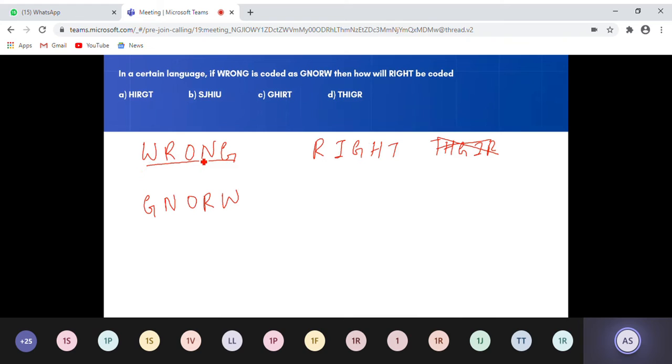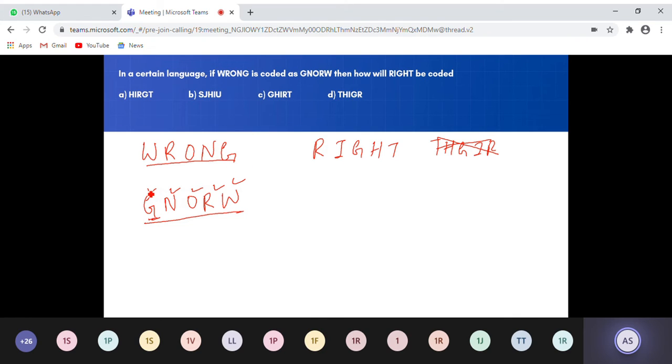Wrong, WRONG. If you look at this pattern, the alphabets have been arranged in an ascending order. First G comes out of the 5 letters in the word wrong.